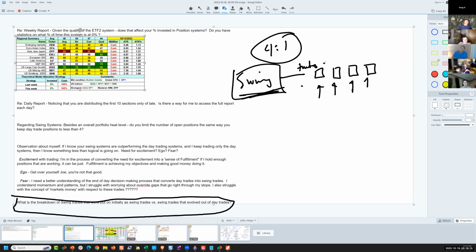then the other way to ask that question is, of the things that you're day trading, how many of them also have a core swing trade as part of the package? 60 to 70% of the day trades also are the turbo portion of a core swing trade.